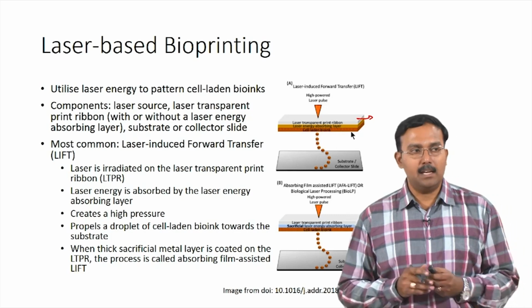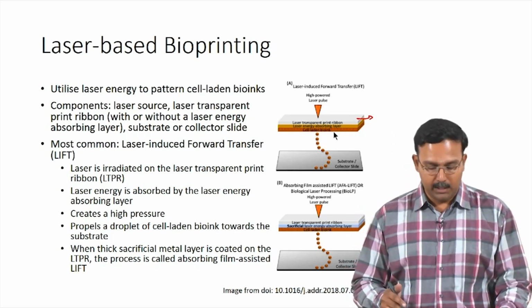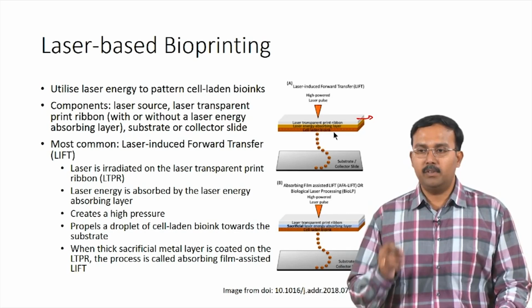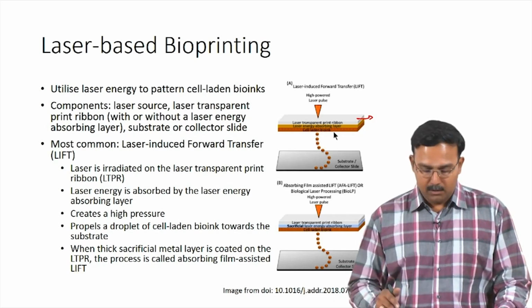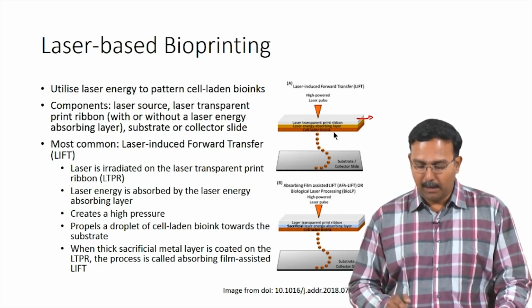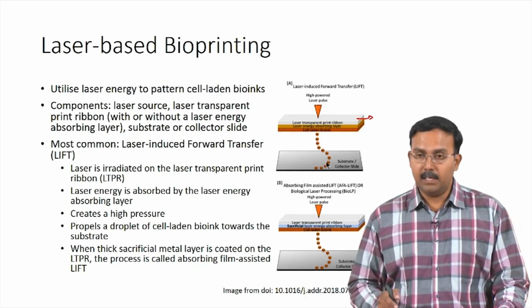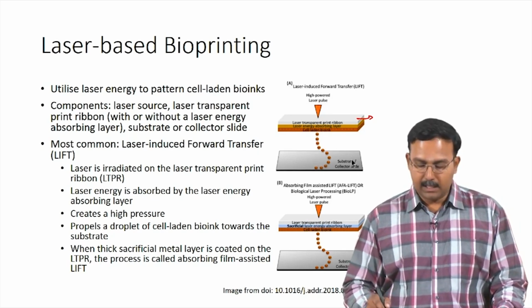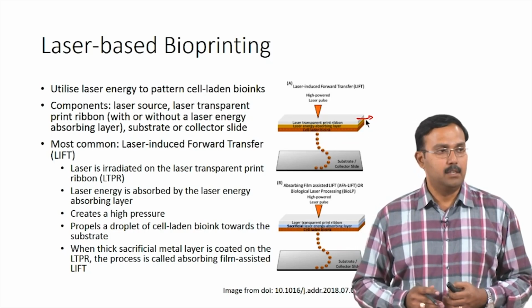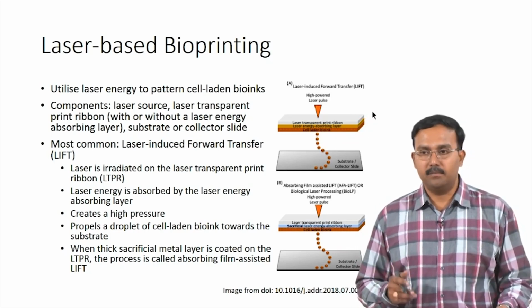This creates a lot of pressure on the bioink and propels a droplet of the bioink, and these droplets are collected on the surface of the substrate, and that results in the formation of the 3D structure. This is the LIFT technique.